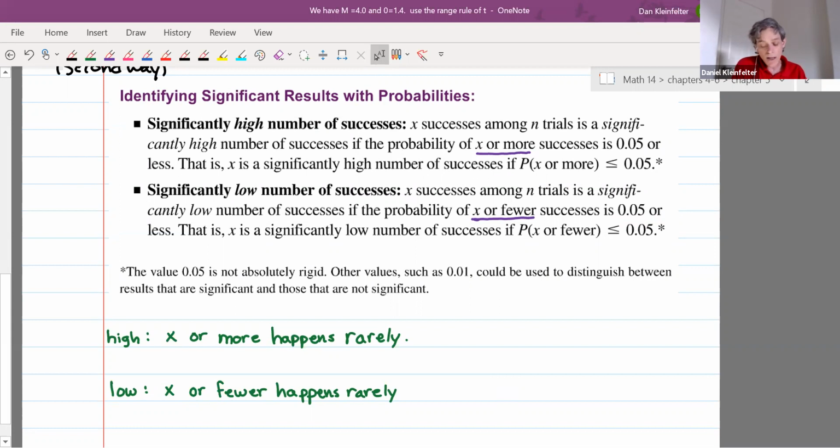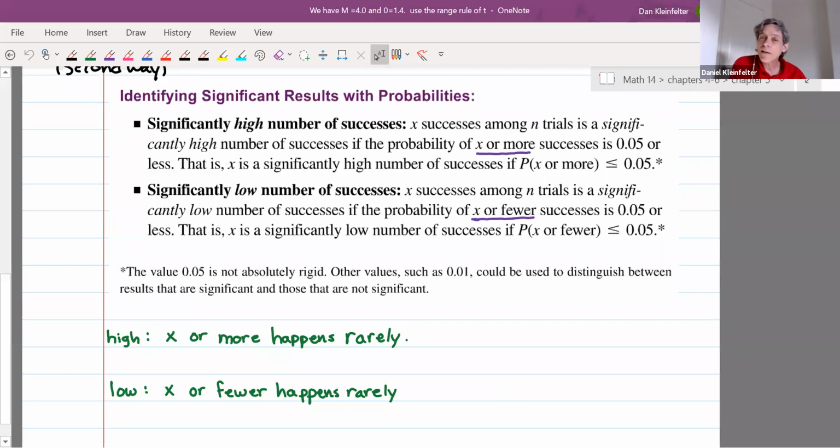A way to simplify that is as follows. Significantly high would mean that X or more happens rarely. Significantly low would mean that X or fewer happens rarely. I substituted the phrase happens rarely just to take some of the numbers and wording out.